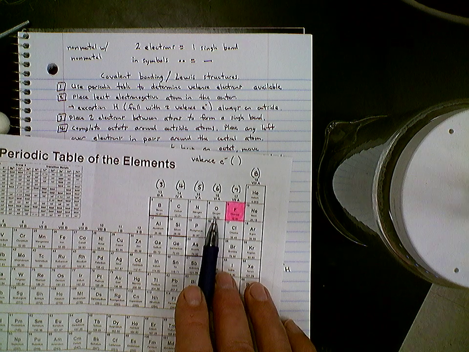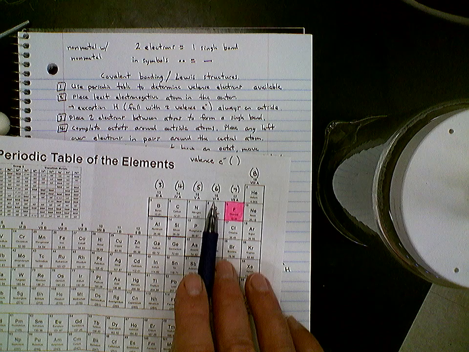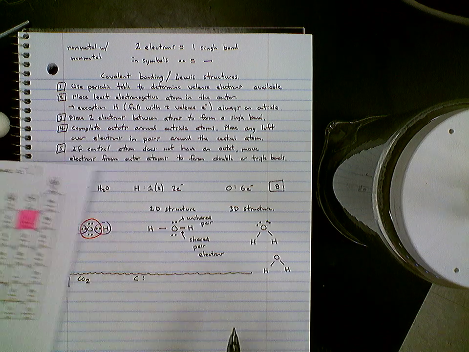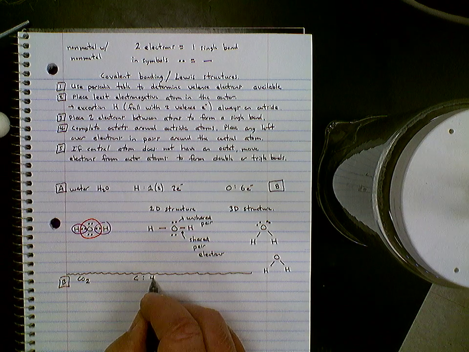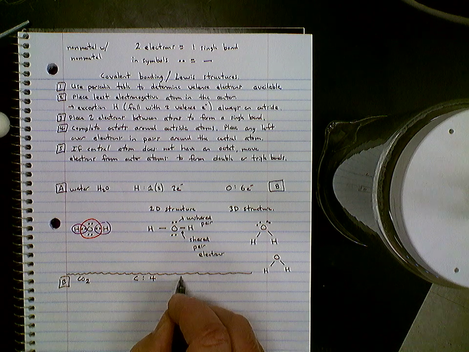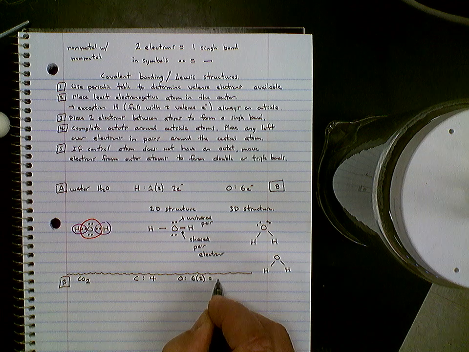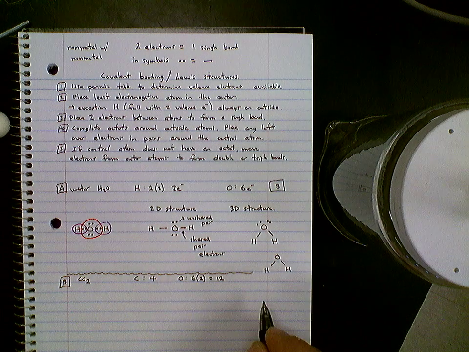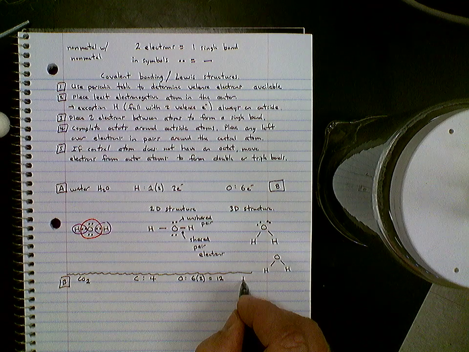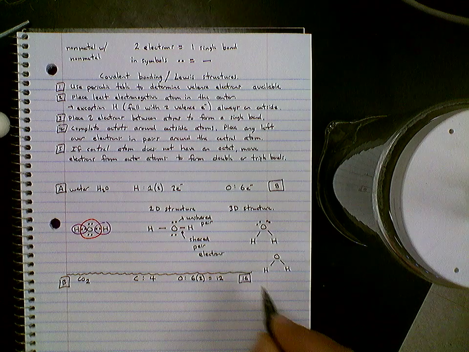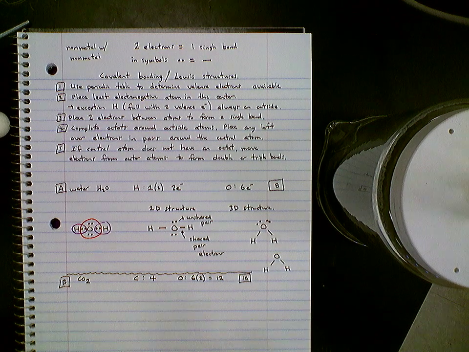While we're at it, oxygen is in group 16 and has 6 valence electrons available. So carbon has 4 valence electrons and oxygen has 6, but there are 2 of them for a total of 12. So when we're drawing this molecule, we're going to deal with 16 valence electrons.